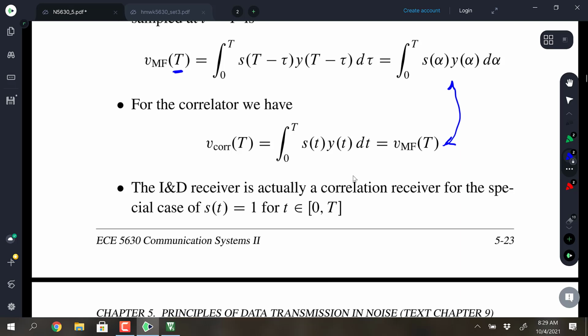In a lot of different things that I work on, I tend to like the correlator view better. In some of the structures we're going to be looking at when we go through M-ary schemes and the signal space viewpoint in the next chapter, the correlator tends to be the better way of looking at it.